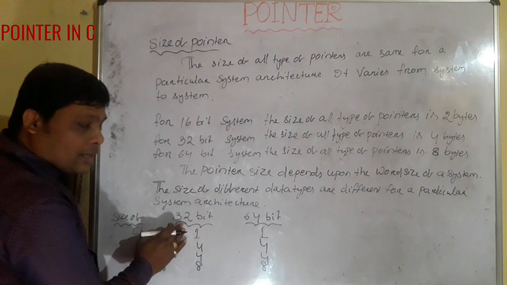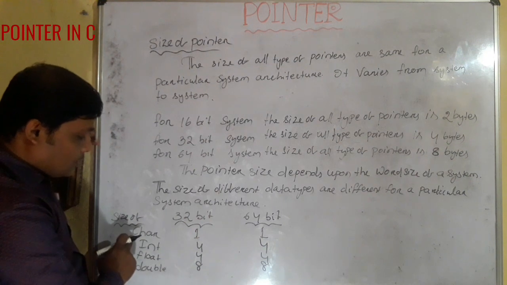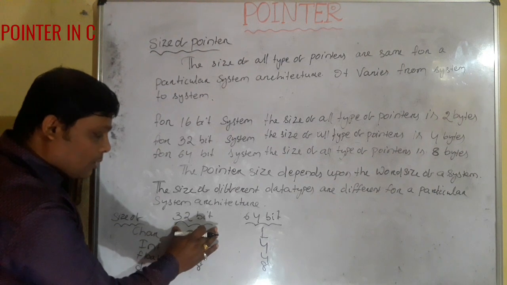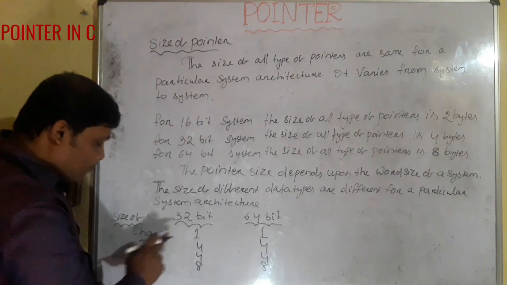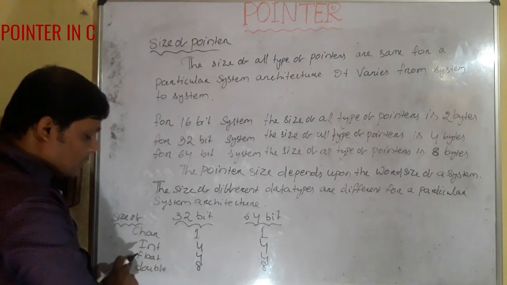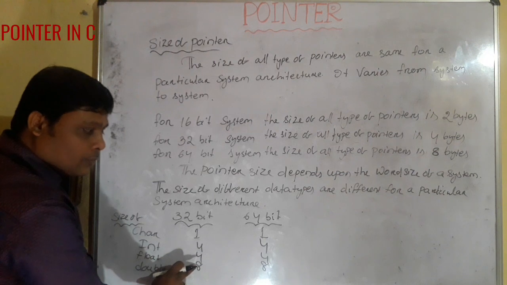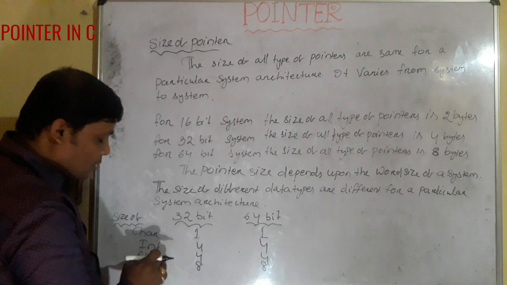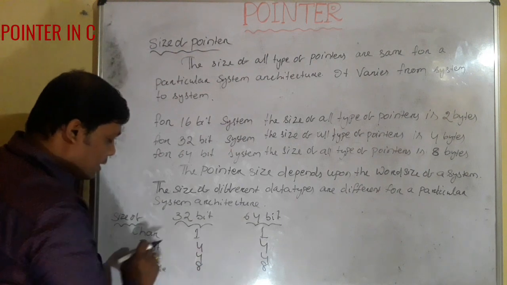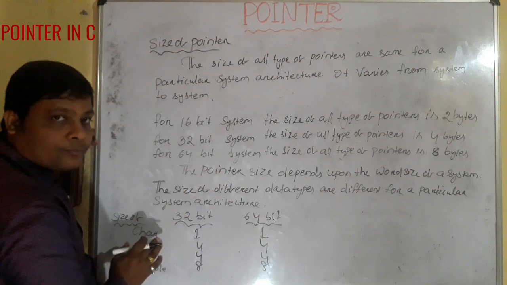So for a particular 32-bit system, the size of char is 1, size of int is 4, size of float is 4, size of double is 8. For a 64-bit system, the size of char is 1, integer is 4, float is 4 and double is 8.